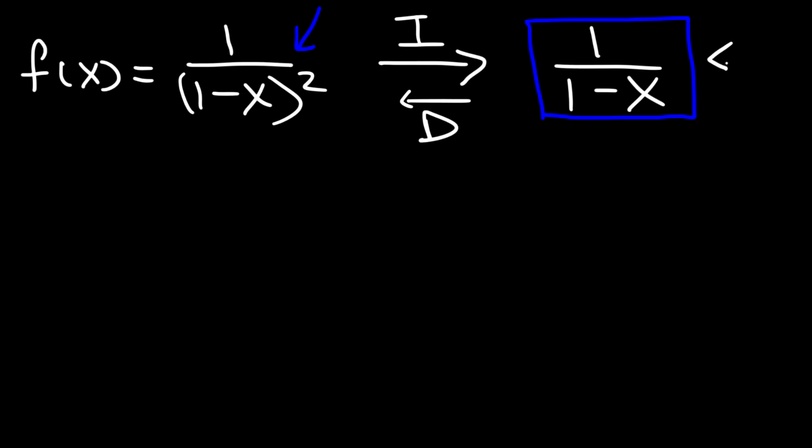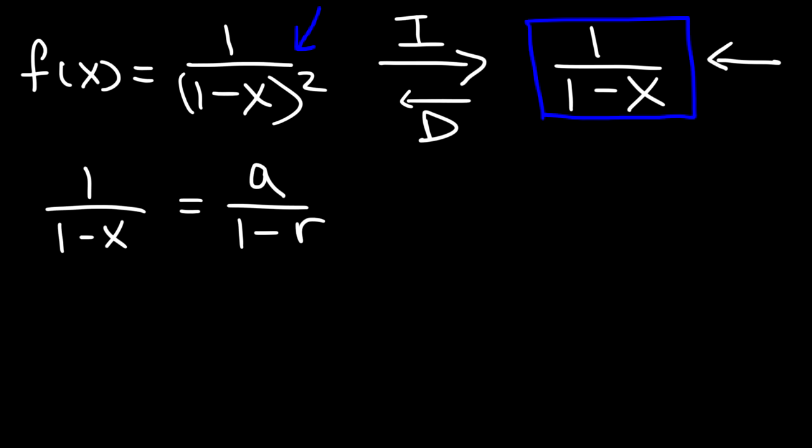Now let's represent this function, 1 over 1 minus x, as a power series. So it's already in the appropriate form. So let's set it equal to a over 1 minus r. So we can see that a is 1 and r is x.